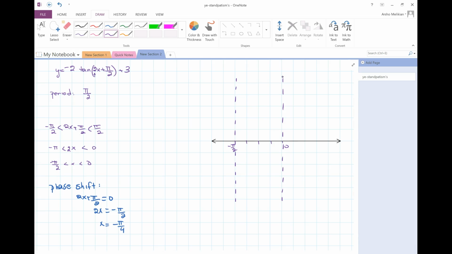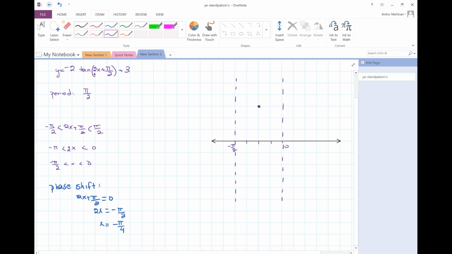So now there is a vertical shift here of 3, right? That means the center point, instead of it being on the axis here, it's going to be moved up 3 units.